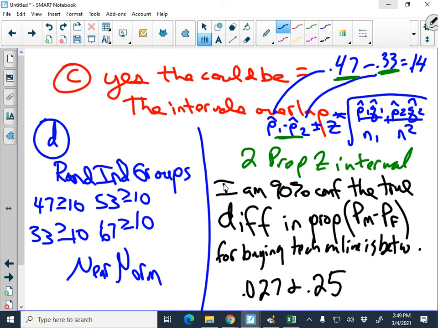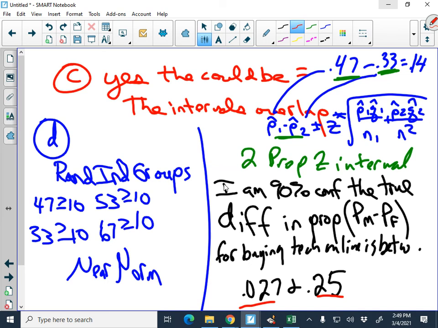Now that whole interval is positive. Why is that important? Took males minus females, and the only options are it's 3% to 25% higher for who? Males. Now we had just come up with in part C when we compared the two, they could be equal.